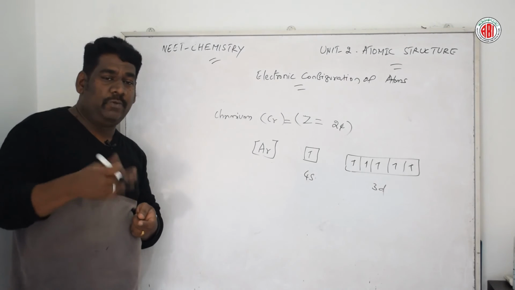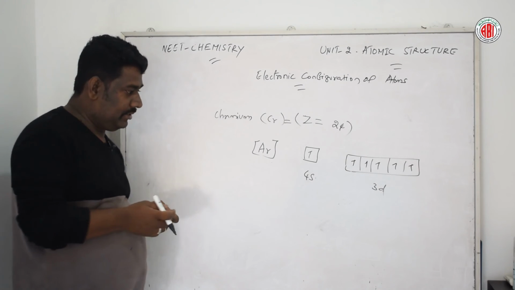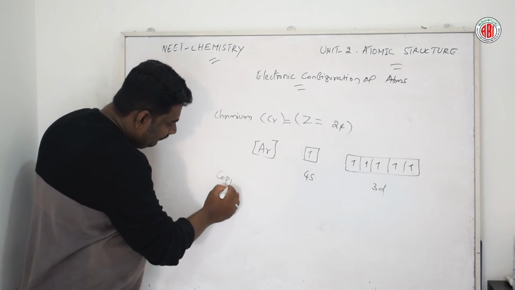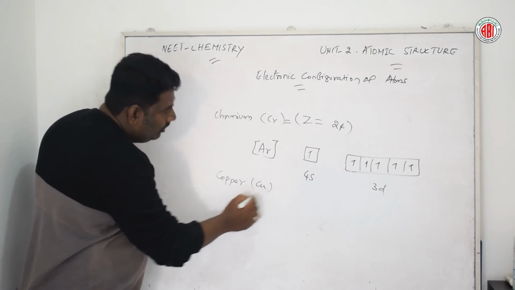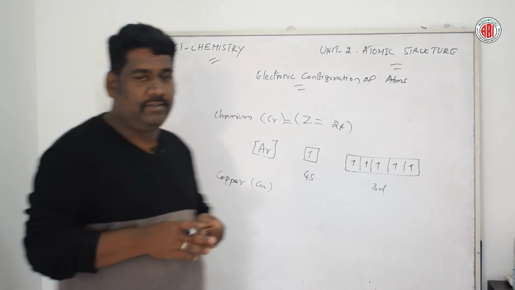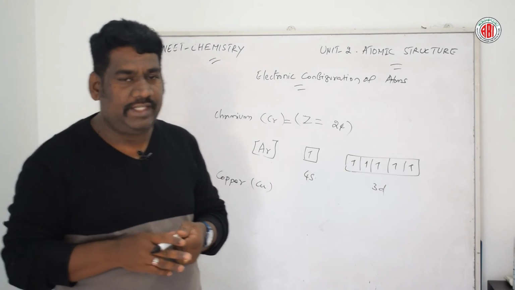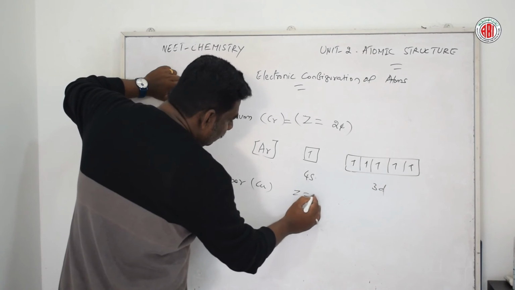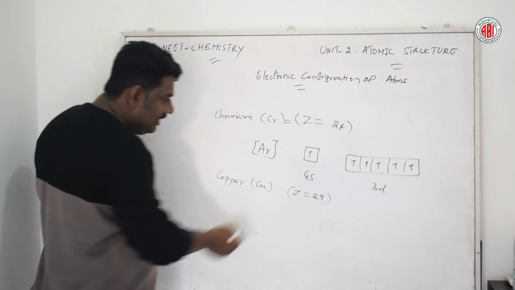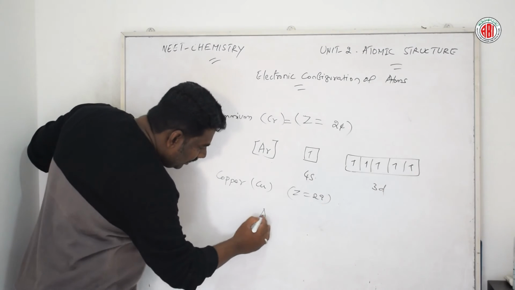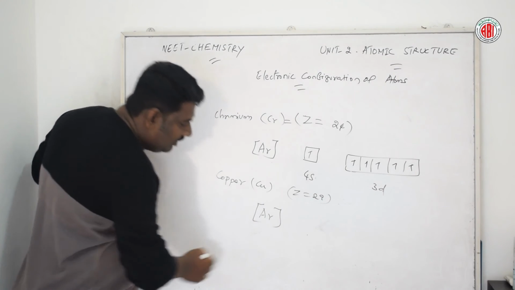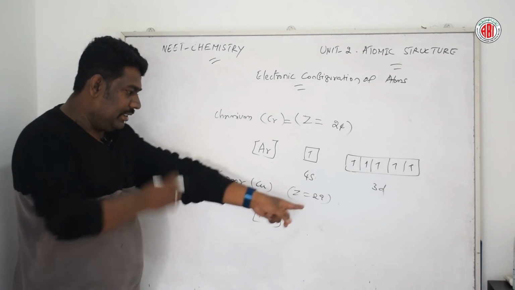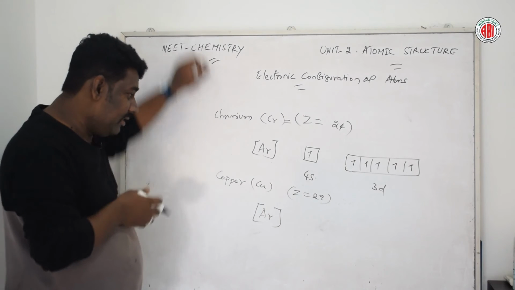Similarly, one more exception is copper. Talking about copper, Cu, Z is equal to 29. First, what we are supposed to do is write argon, with 18 electrons.